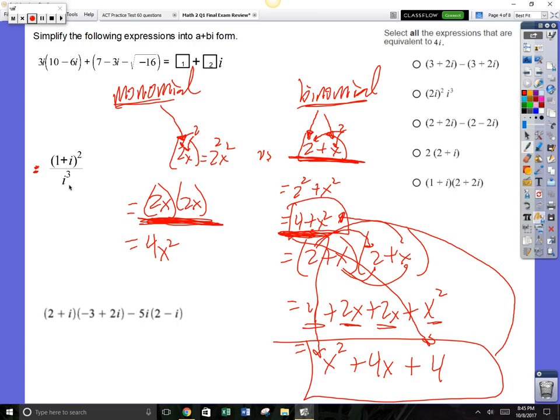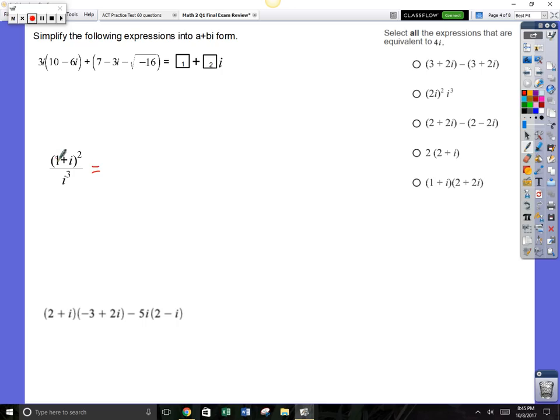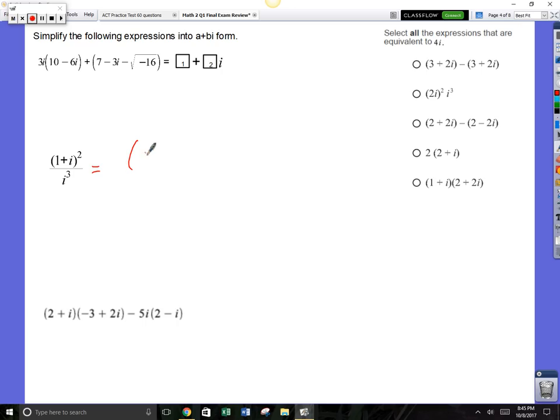So this first one, here we go. You've got (1 plus i) squared. So expand it: 1 plus i times 1 plus i. Divide that by i cubed.